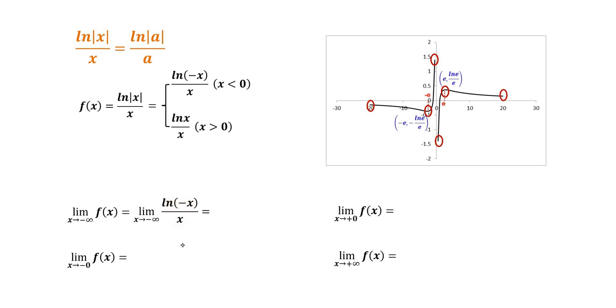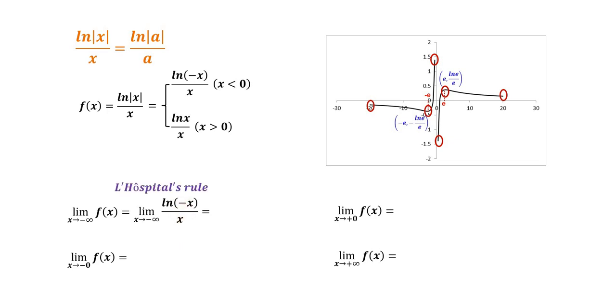So we can use L'Hospital's rule, that the limit of a ratio is equal to the limit of the ratio of the derivatives of the numerator and the denominator.